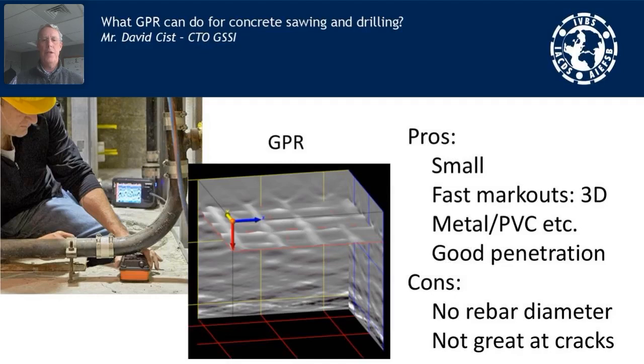So if you need to see 40 to 50 centimeters, GPR can do just fine for the thicknesses that are typical for slabs. It cannot do rebar diameter, and if you're going to do crack detection, the cracks need to be fairly large. But other than that, it's a fairly effective tool, and the proof of that is it gets used effectively around the world. There are some very large companies that all they do in the US is service projects to map the rebar for contractors who are going to drill and cut.